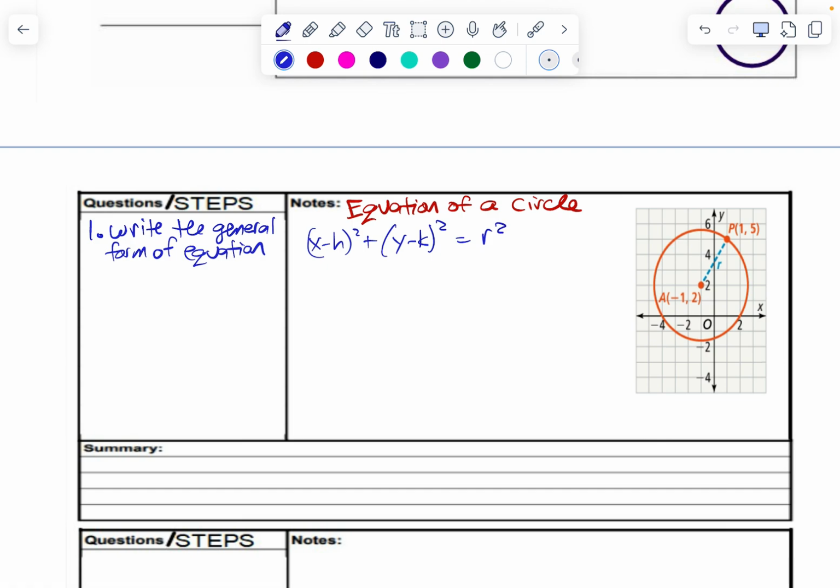And the reason why is it gives us a structure to plug into. So we just need to find the stuff that we have to plug in. What do we need to know to have an equation for this specific circle?